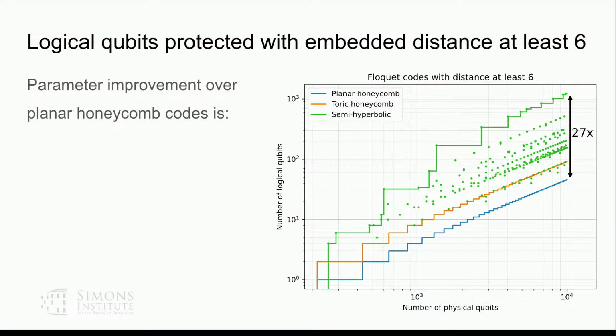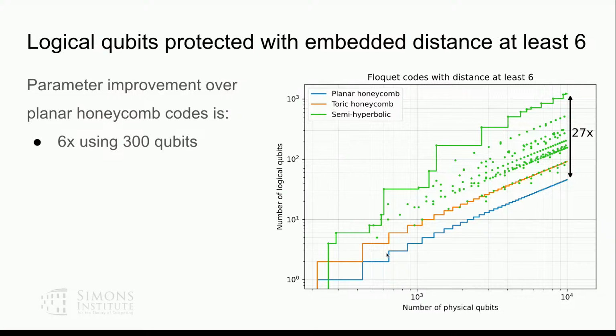Now this is another plot showing the parameters of these codes. This is showing the number of logical qubits that you can protect with an embedded distance of at least 6. So for a given number of physical qubits, how many logical qubits can you encode with either honeycomb codes or semi-hyperbolic codes?